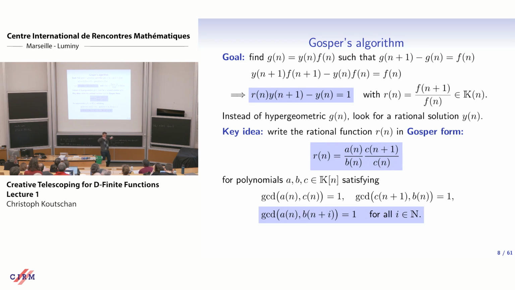Maybe you add all the factors up to that point, and you can move all this stuff into the polynomial c of n. So there are algorithms to compute this Gosper form. I don't want to go into detail, just believe me that this is always possible. And if you make these polynomials monic, it's basically unique.